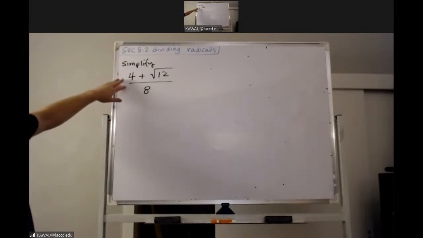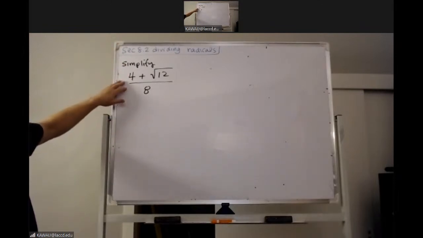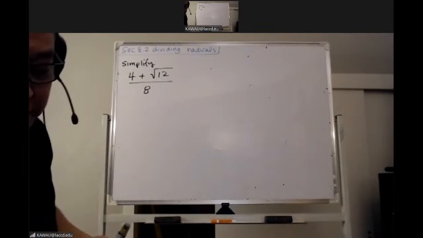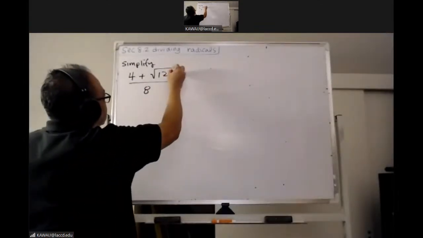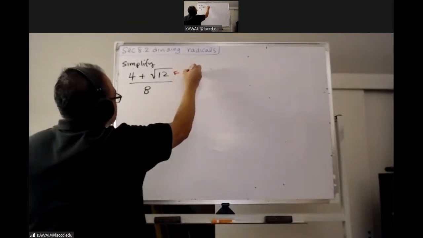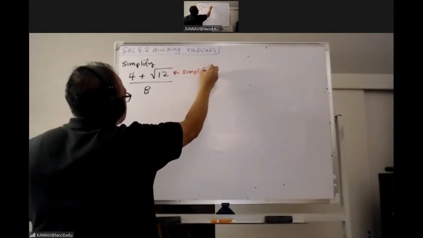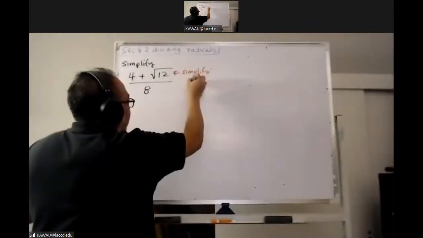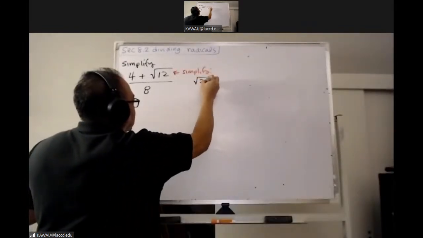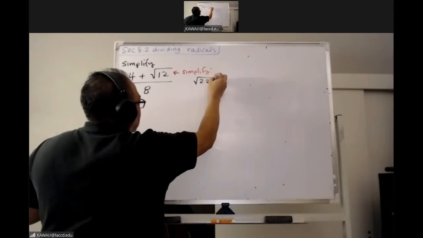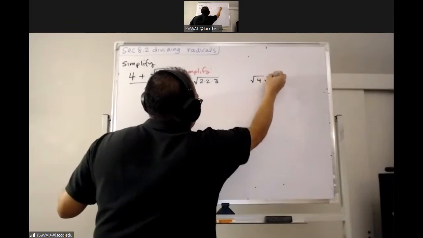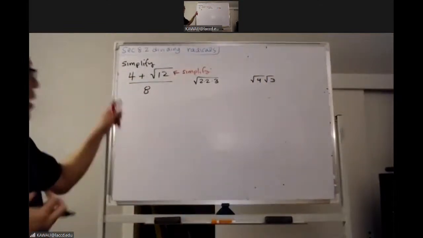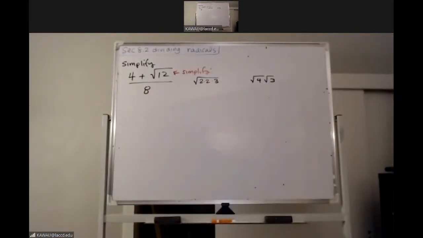At some point, we'll get to here. So what I want you to do first is simplify that 12. You can do it either by looking at the prime factors, or you can do it by looking at the perfect squares. I don't care which one you do, but go ahead and simplify that radical 12.